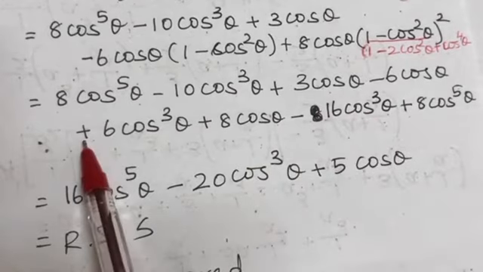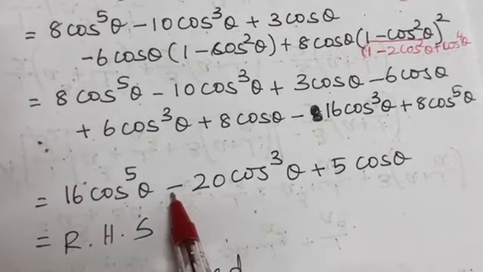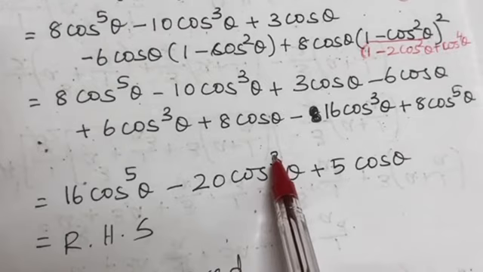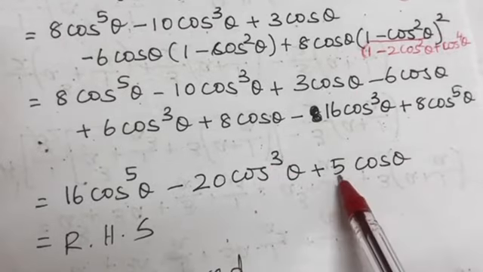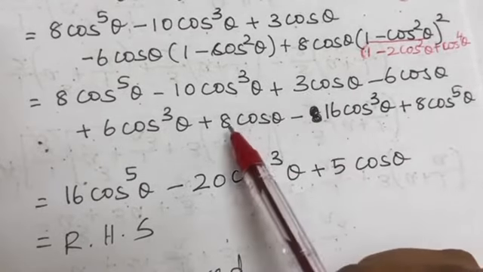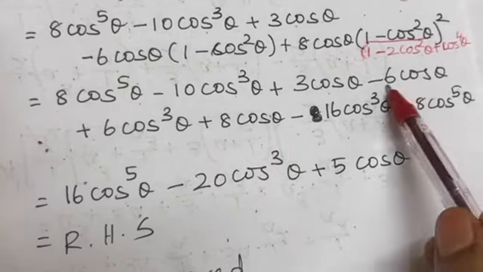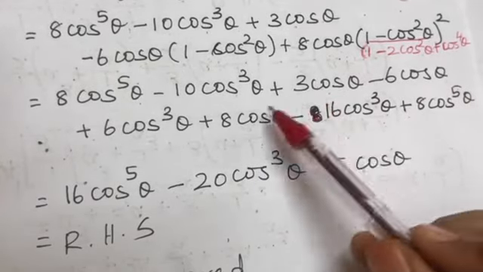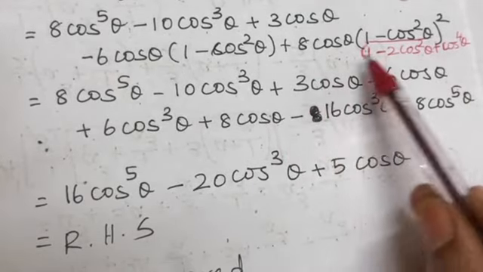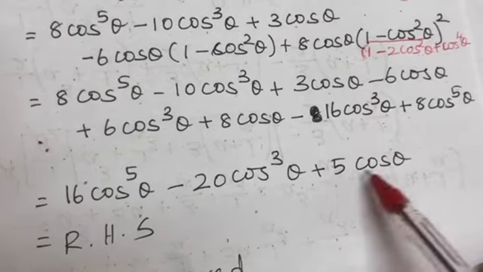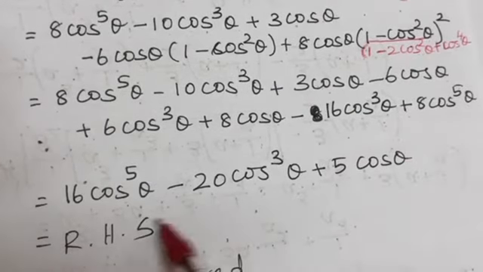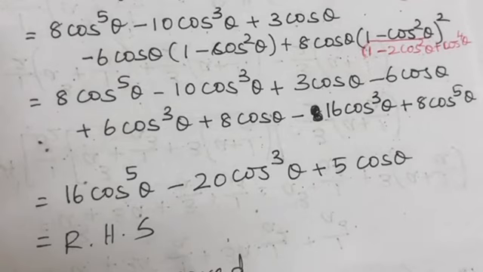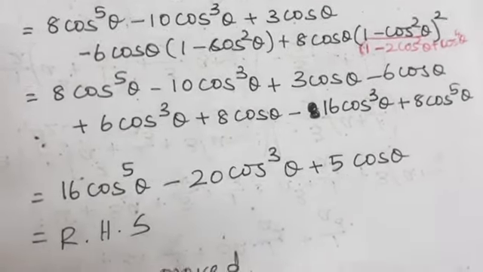So minus 26 plus 6, it will be minus 20 cos cube theta, plus 5 cos theta. So 3 cos theta, 8 cos theta minus 6 cos theta. While adding this, 8 plus 3 is 11, 11 minus 6 is 5, 5 cos theta. That is our right hand side, that is what we have to prove. So hence we have proved the result.